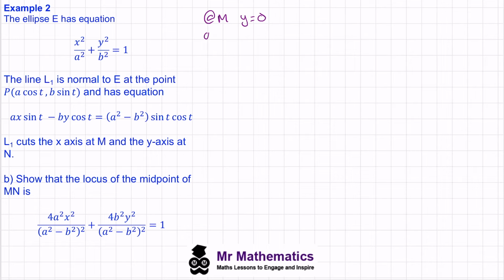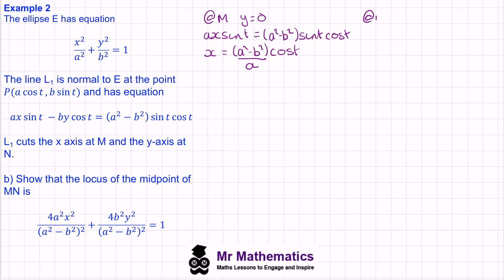So we have a x sin t will equal a squared minus b squared sin t cos t. We can make x the subject by dividing both sides by a sin t, and then this one will cancel with this one. So x will equal a squared minus b squared multiplied by cos t over a.